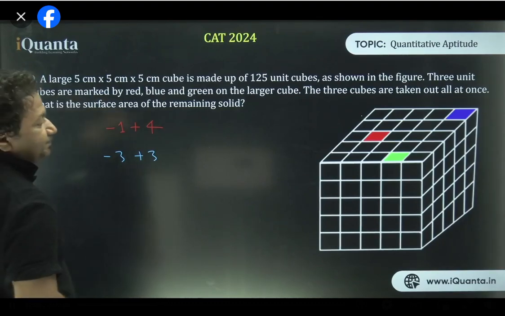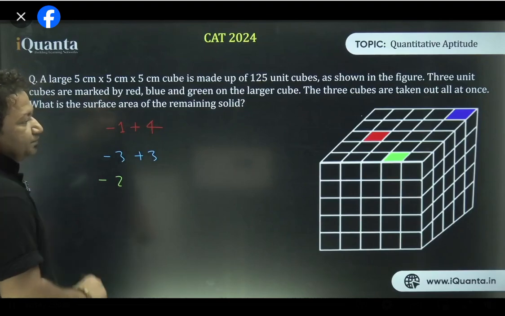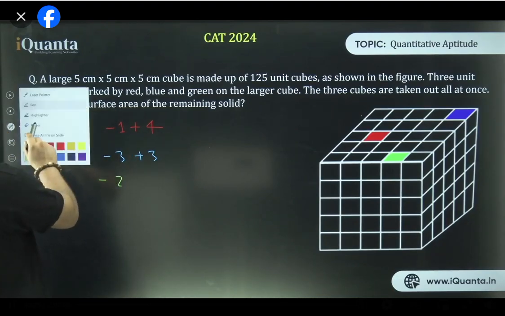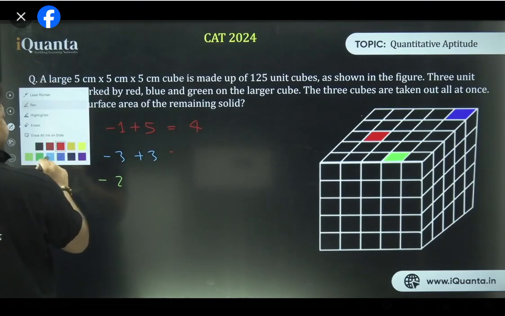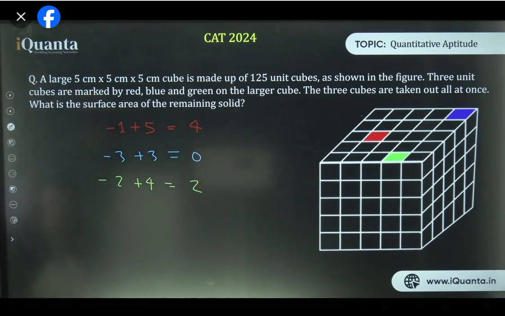And in the green one, this surface goes, 2 surfaces go. क्या हो गया? Repeat which part? अब वो मैंने लिखा कि 4 बचेंगे सिर्फ. I'm sorry. This will be 5 new. हाँ, 4 will be remaining. यहाँ 0 will be remaining in the blue one, and in the green one 2 surfaces go, 4 new surfaces come up, so 2 new surfaces are there.